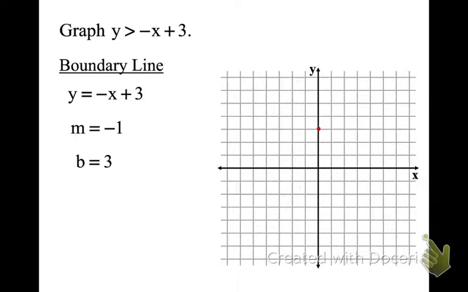To the left. If you go down 1, you have to go to the right 1 because it's negative, positive 1. Otherwise, if you do negative in both directions, you'll end up with a positive slope. Okay?